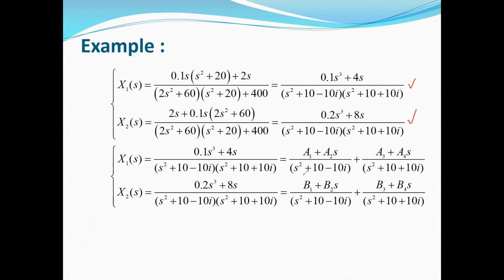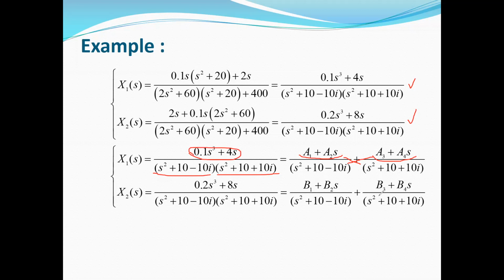As you can see, we will have two different subfractions according to the form of the denominator, and again we can find a1 to a4 by calculating these two equations. From this equation, the numerator of the first subfraction multiplied by the denominator of the second, and the numerator of the second subfraction multiplied by the denominator of the first subfraction, must be equal to the numerator of the main equation.